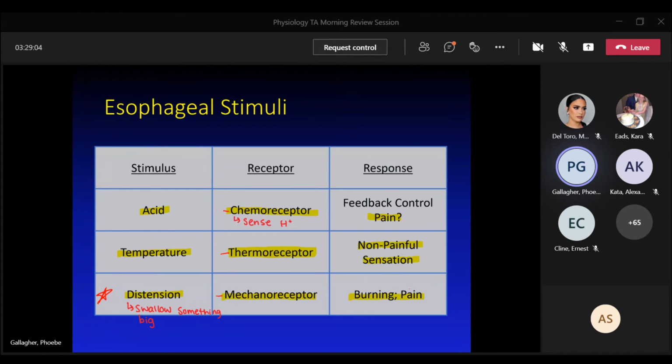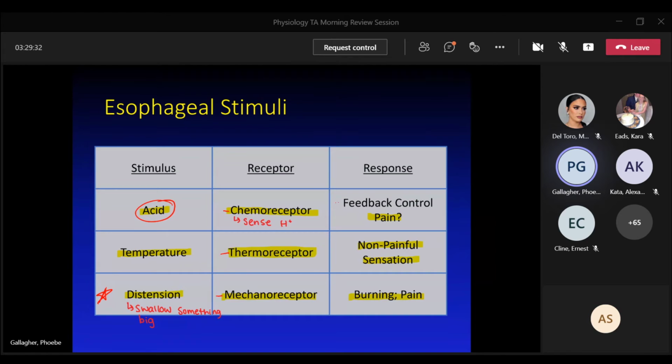It was something about esophageal pain and what stimulant causes that. But anyways, if you were to swallow something acidic, you have chemoreceptors in your esophagus, and it can cause some pain or burning, but it's questionable. So I wouldn't say he's going to ask you a question on this.